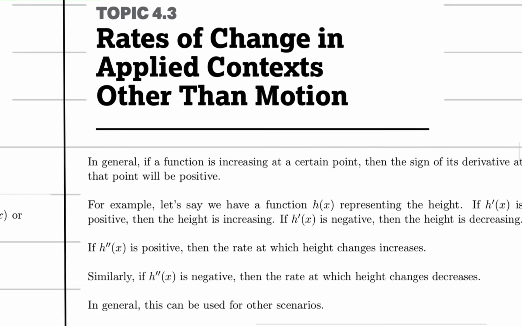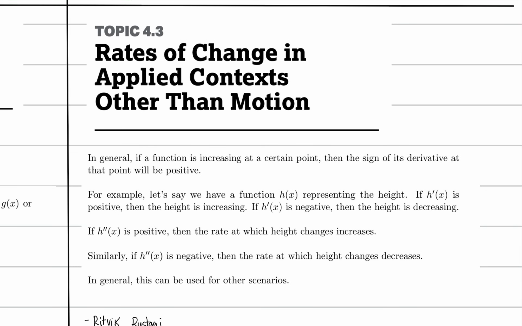That's all it's saying. You just need to know what rate of change is in other contexts besides motion, right? Maybe water is leaking, related rates. If you know how to do related rates, this should be easy. If water is leaking at a rate, you should know what that rate means in context, and you should know it's the derivative. These are all important things that you should be able to interpret, right?